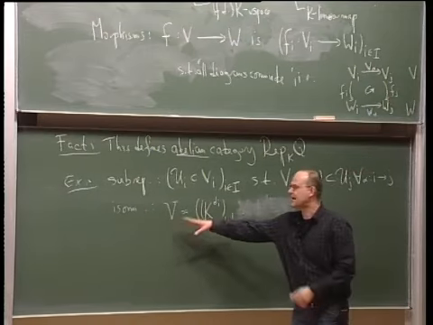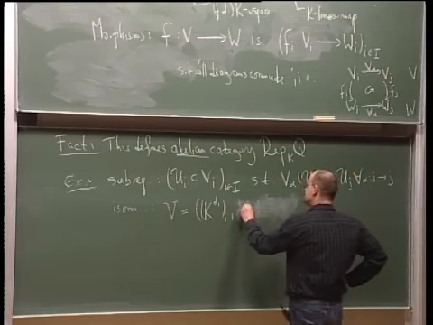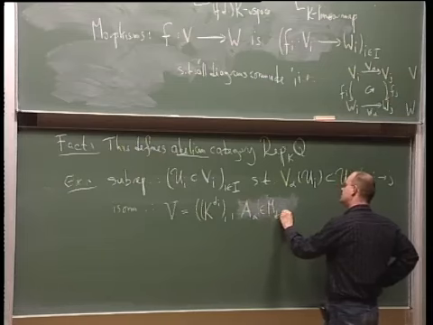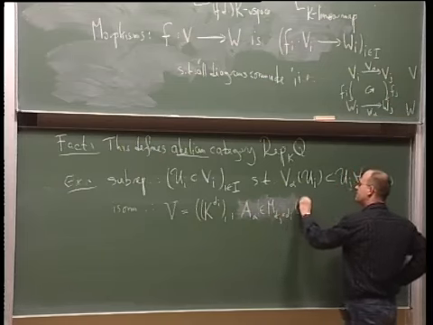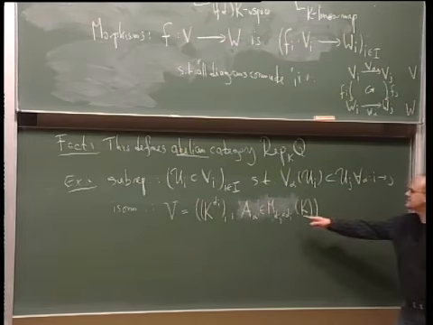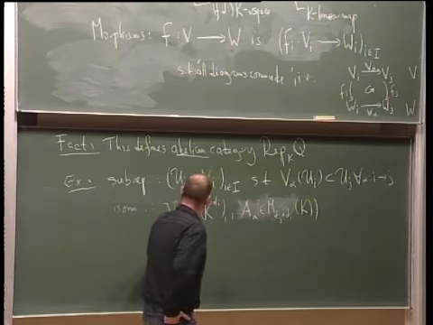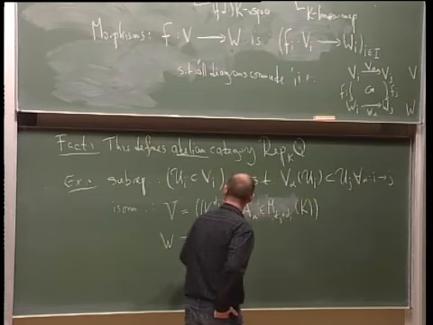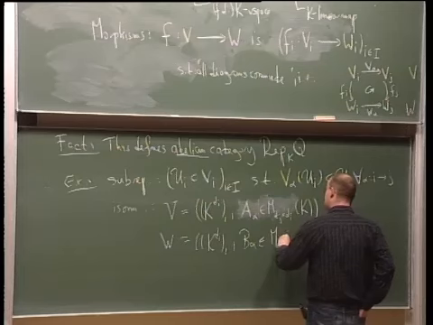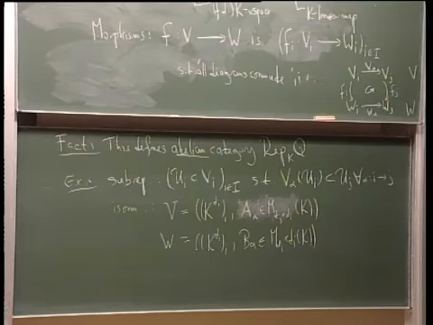So a quiver representation up to isomorphism is just a bunch of vector spaces K to the di and matrices A alpha. So this is a dj cross di matrix over the field, because it's a linear map from di-dimensional to dj-dimensional space. And choose another one on the same vector spaces with matrices B alpha. Then what does it mean for these representations to be isomorphic?